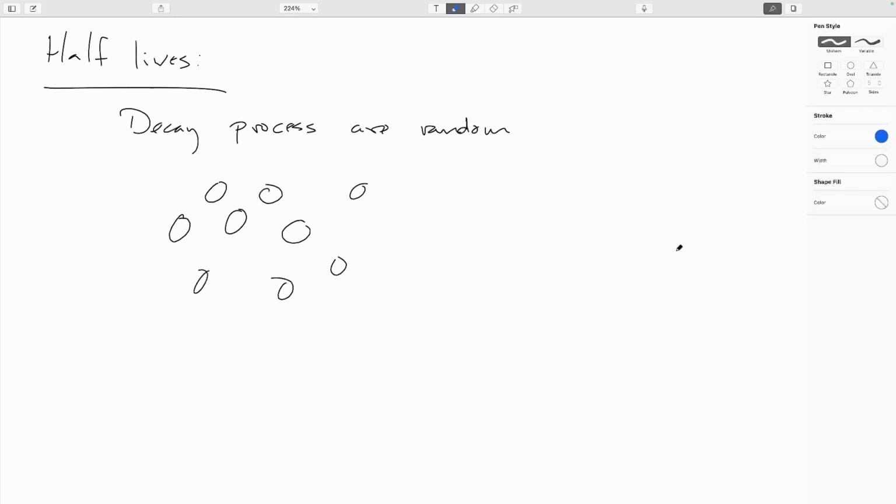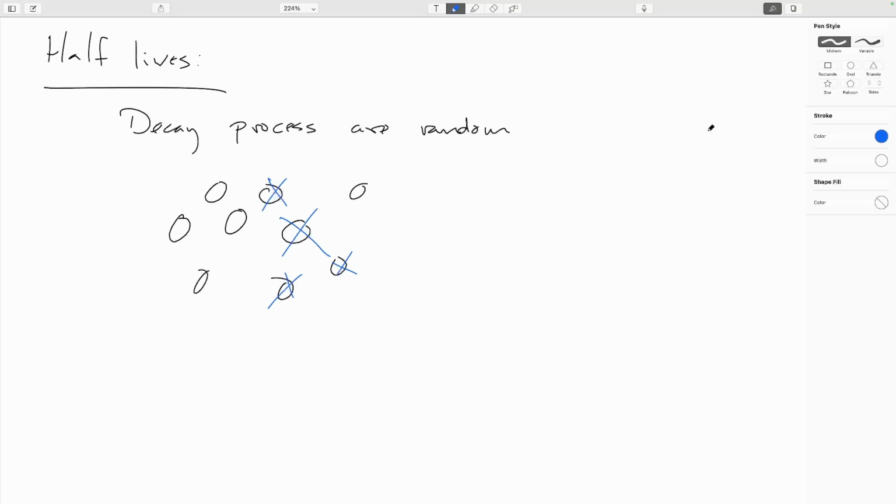Maybe early on, several of these hit all in pretty short order. Now what will happen is that we have fewer bet slips effectively in play. We've got fewer nuclei left that could decay. That's like playing fewer bet slips. So if we wait the same amount of time, we'll have fewer decays, and so forth.